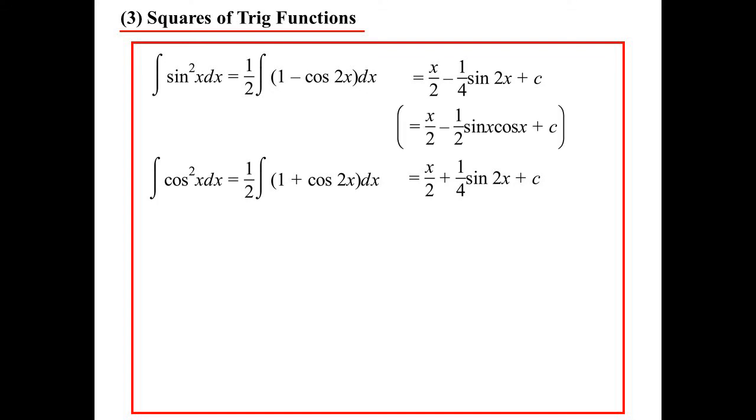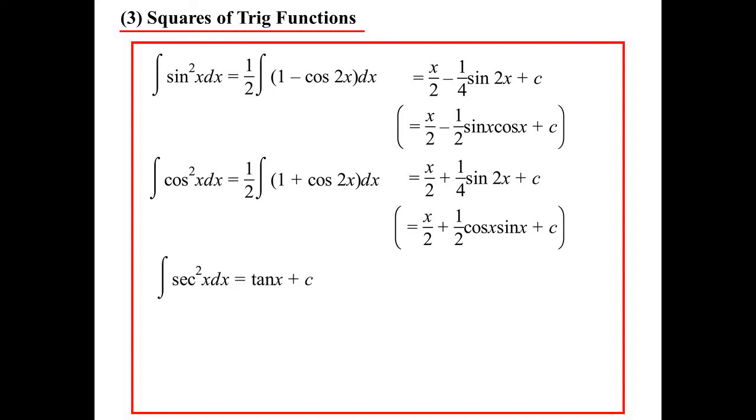Sine 2x you can rewrite, if you wanted to, as 2 sine x cos x. So another way you could write the first answer is x on 2 minus a half sine x cos x, and the second one as x on 2 plus a half cos x sine x. It's pretty rare you do that, but it may have its uses depending on the question.